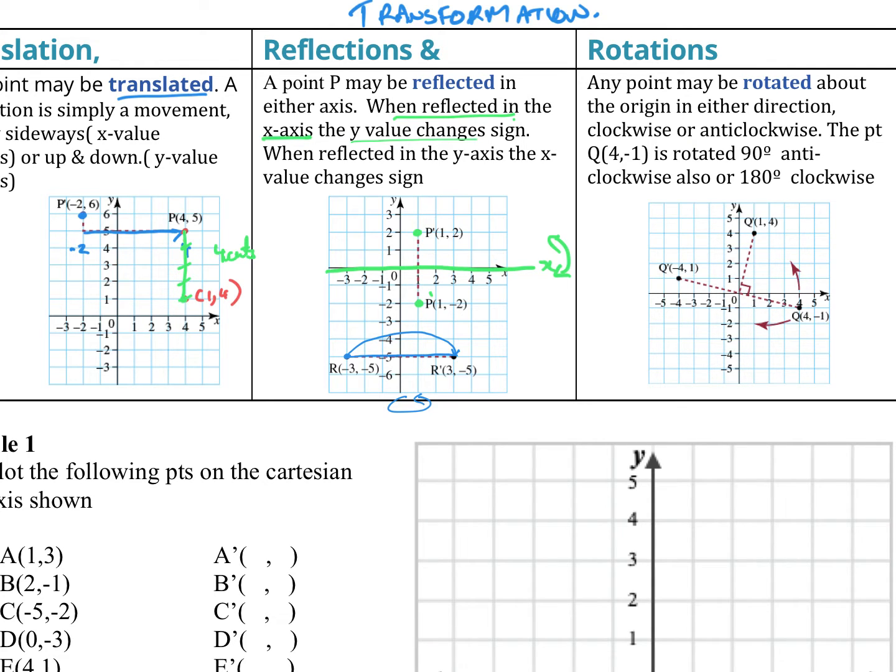So instead of going 3 units to the left, we decide to go 3 units to the right instead. What value changed? I went from (-3, -5) to (3, -5), and so that becomes a reflection in the y-axis.